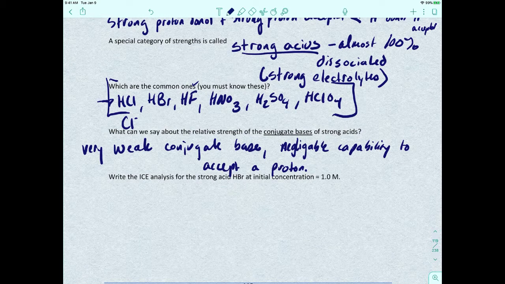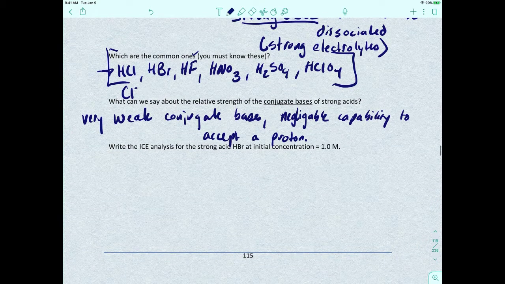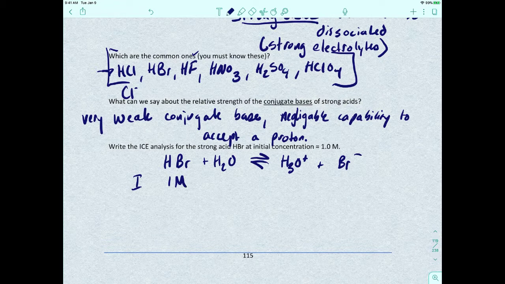If we were to do an ICE analysis for the strong acid HBr, we would react HBr plus water in equilibrium with H3O+ and Br-. Initially, the concentration of HBr is 1 molar, and you have concentrations of 0 for the products.